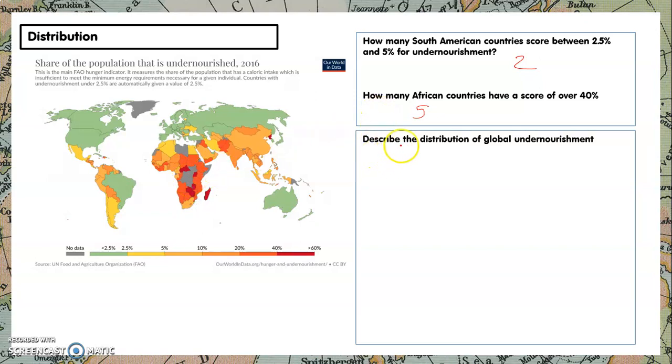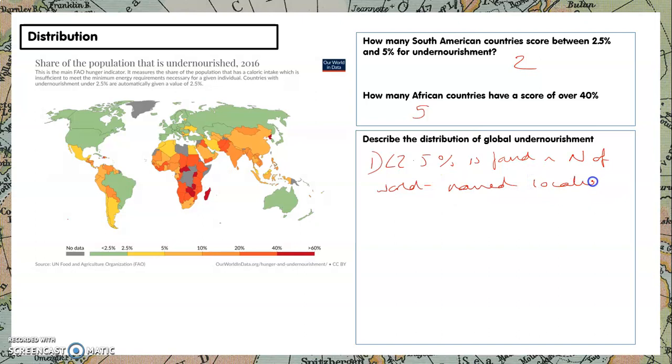Right, describe the distribution of global undernourishment. 1 mark if you had mentioned below 2.5% is found in the north of the world, with a named location.